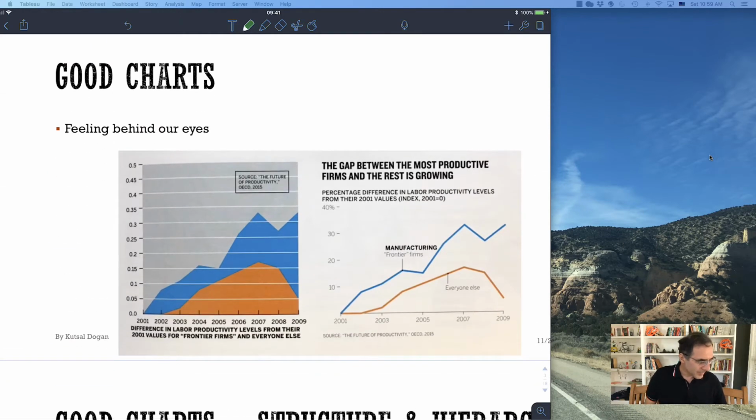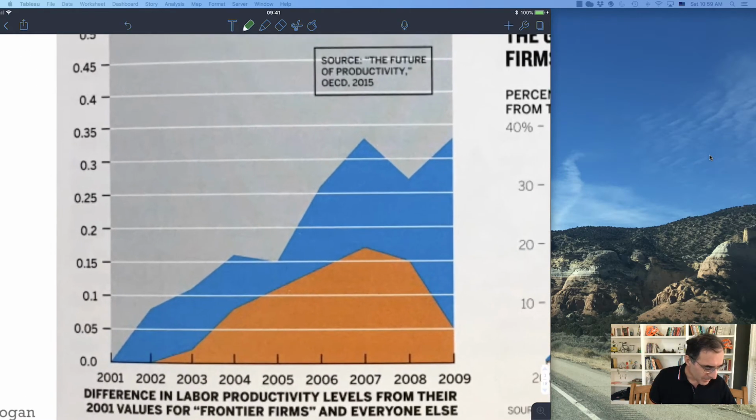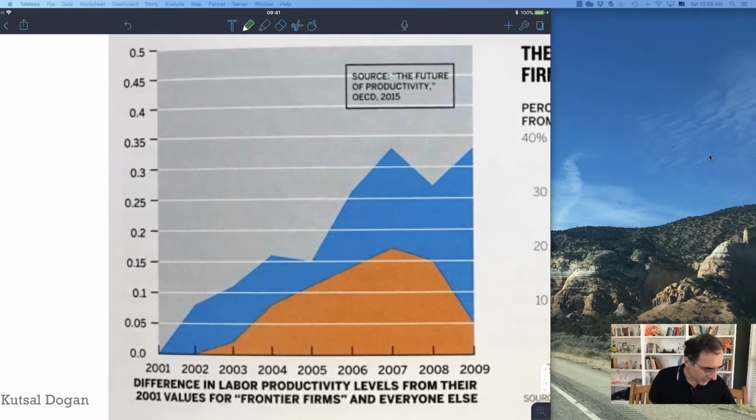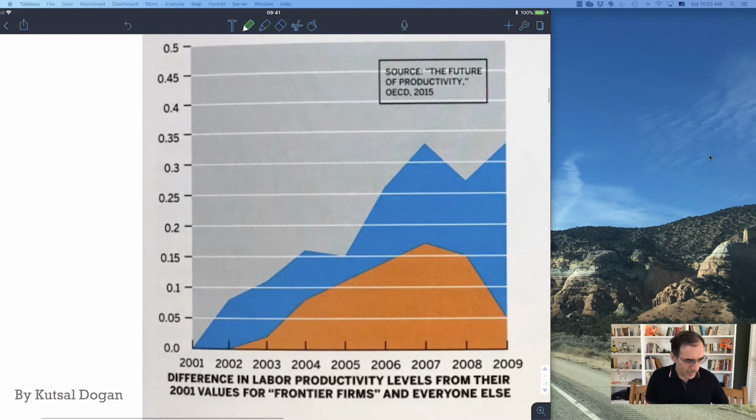Now, what is a good chart? First of all, a good chart leaves a good feeling behind your eyes. So that's the key. What does that mean? Let's take a look at the chart on the left. If you look at this chart, first of all, it has all these grid marks. There's this area chart, but it's very hard to tell what's going on. So you have to read the title to see what the chart is telling you.